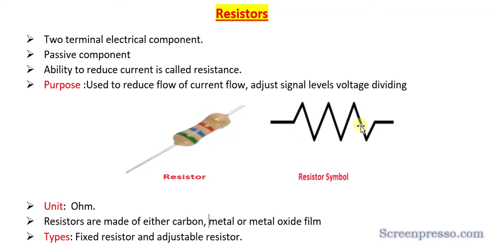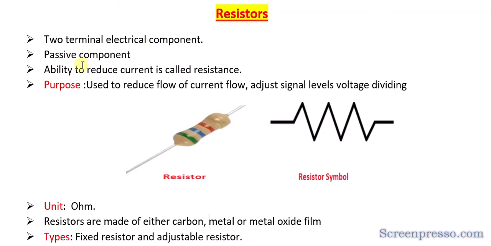For operation of this resistor, there is no source of energy required, and it also does not produce any energy. So a passive component neither requires energy for its operation, nor does it create any source of energy. So this is a passive component.